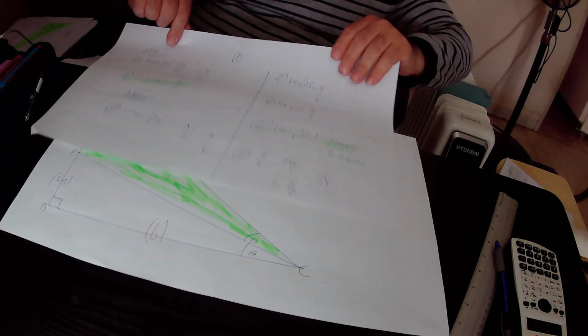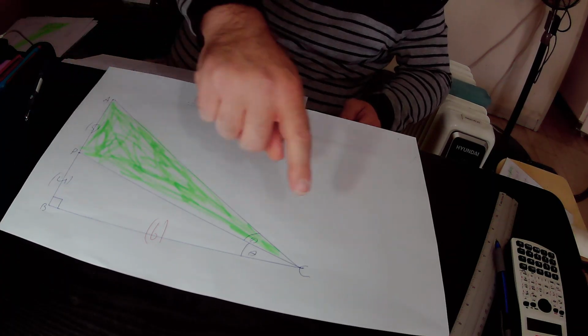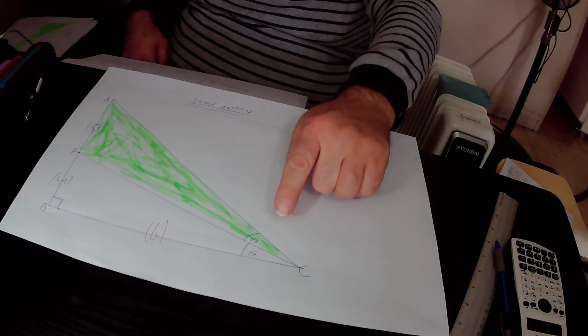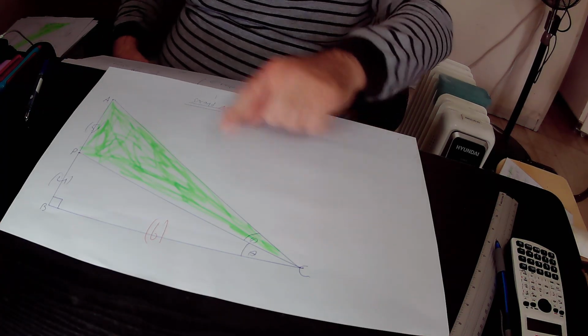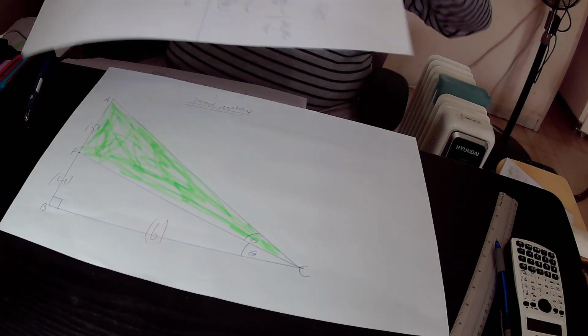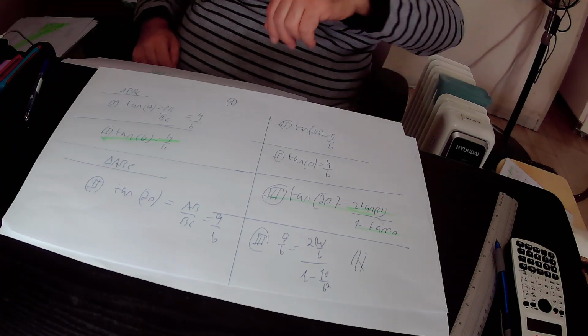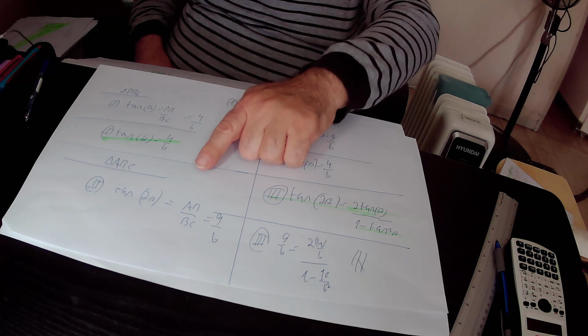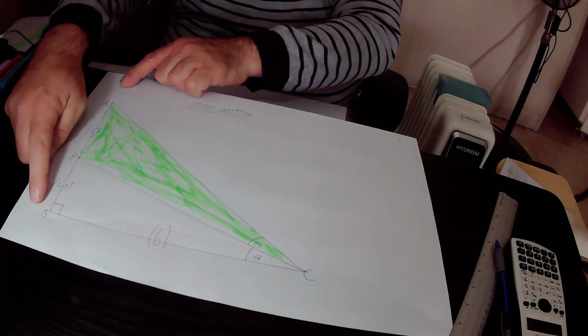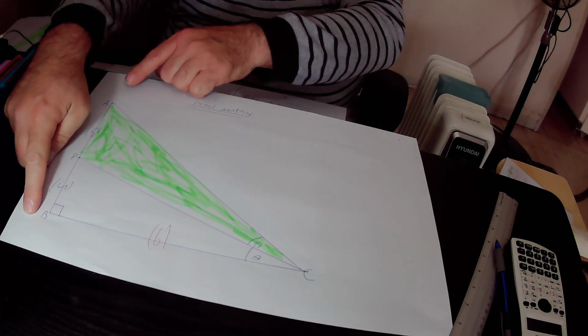Next, we focus on this big right triangle ABC. It is very easy to see that tangent theta equals AB over BC. AB is 5 plus 4, this is 9, over BC.